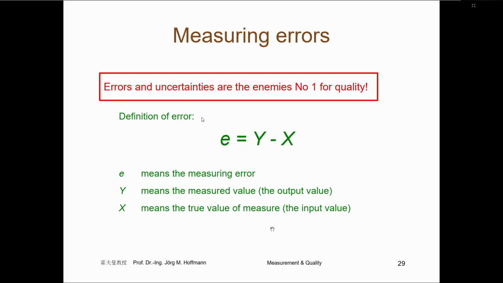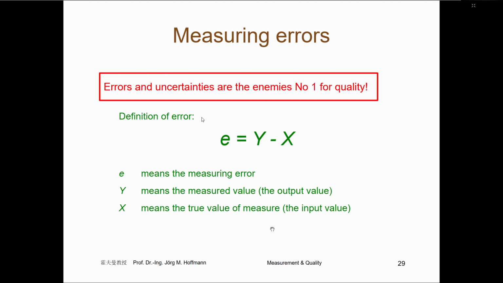We have already used the expression error also in the definition of the dynamic behavior. But error is a main point in measurement and instrumentation, because errors and uncertainties are the enemies number one for quality.